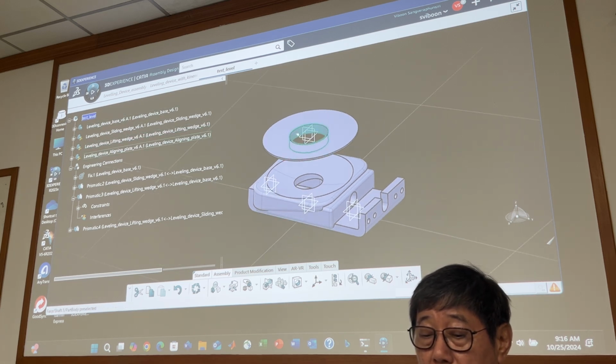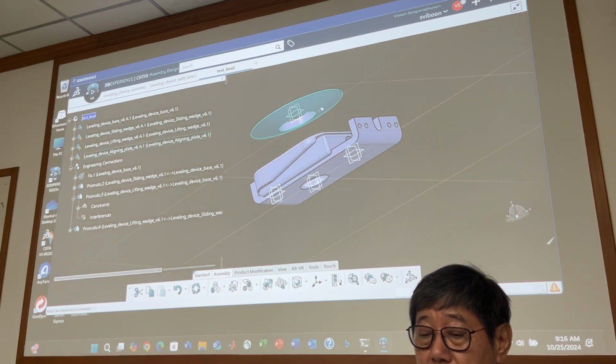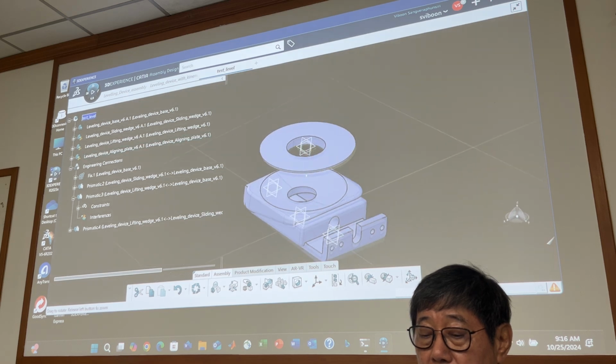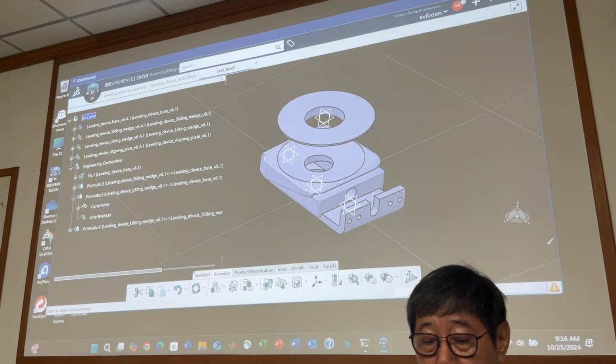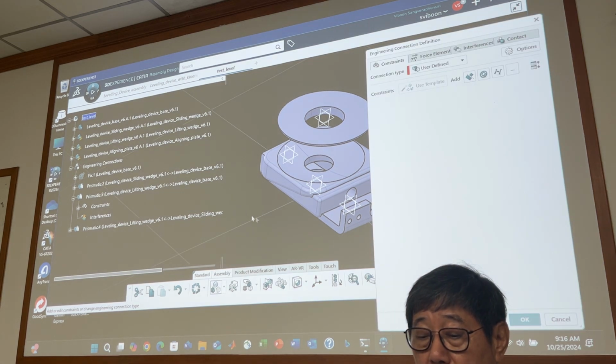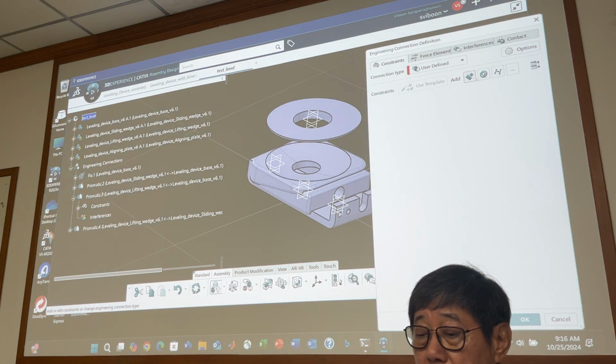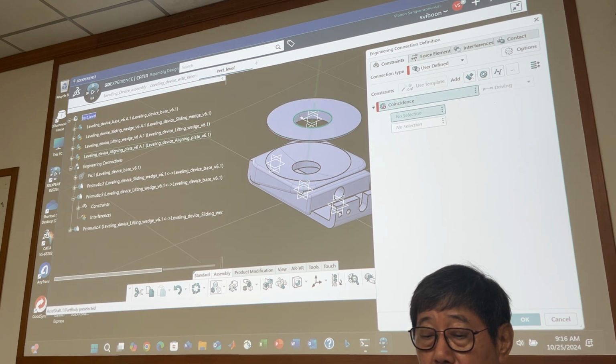I want this center and this center to be coincident anyway, right? This center and this face and this face to be coincident, right? Let me do this one. Look carefully here, some people may not understand. I want coincident between this one and this, right?